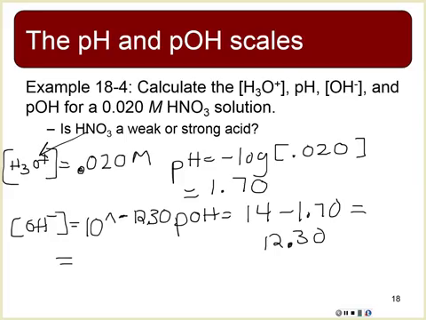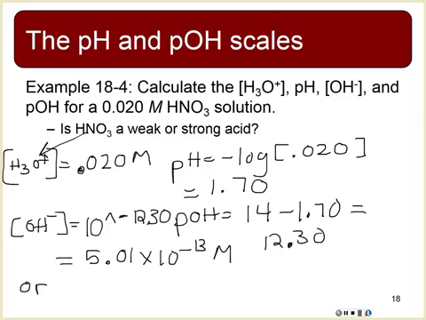Don't forget that negative there. And always remember, if you have hydroxide, it's got to go with pOH. Sometimes students get them flip-flopped. If I take that, I should get 5.01 times 10 to the negative 13 molarity.